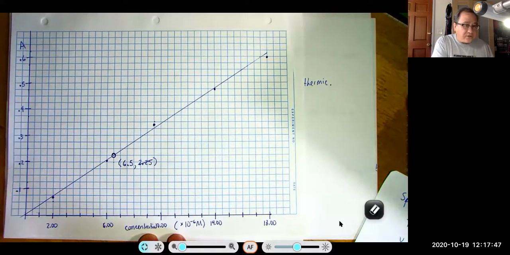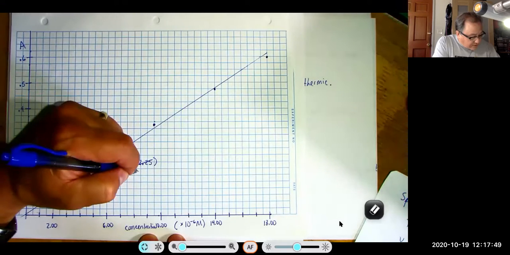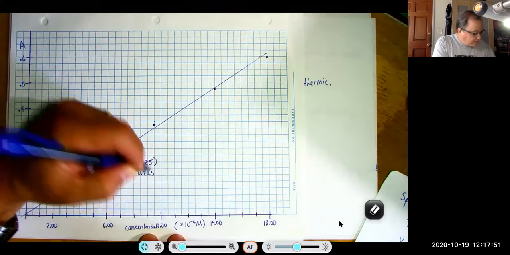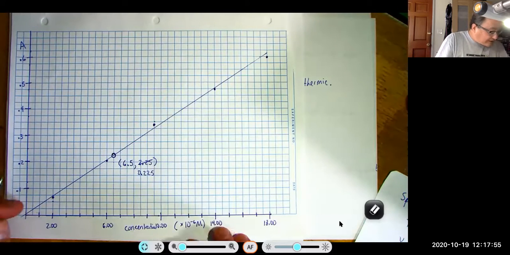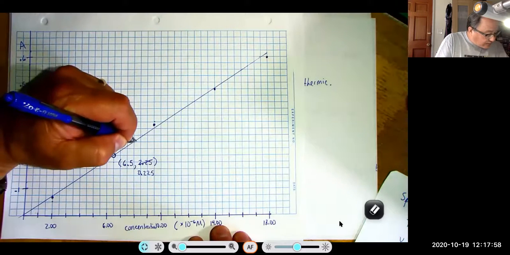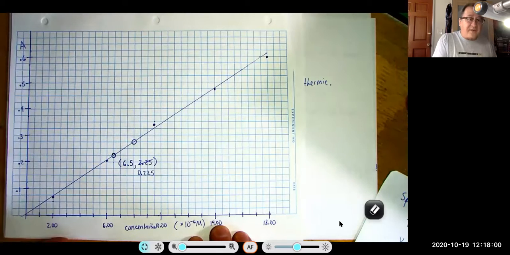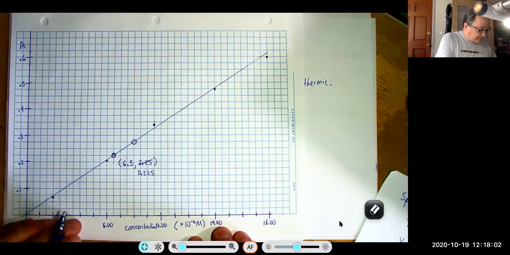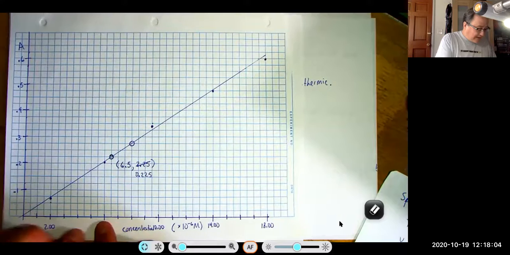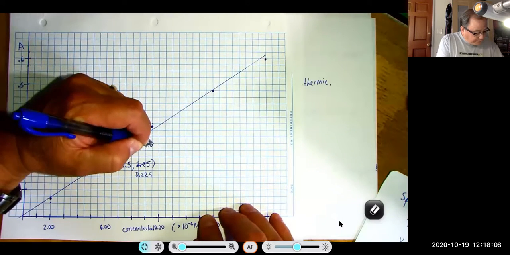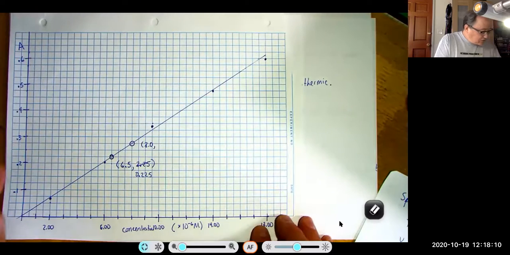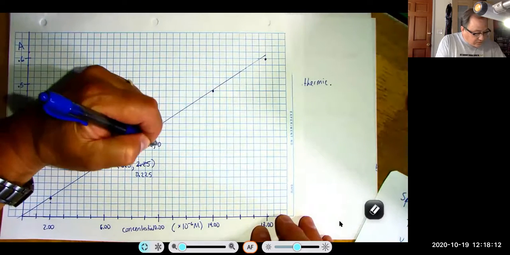It's not 2.25, it's 0.225. So I want to find 2 points on the line that I can measure very precisely. And look at that. There's another one really close by where I can read the values very easily. So this value is 6, 7, 8. So this is 8.0 and 0.275.